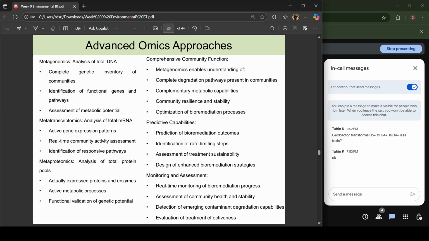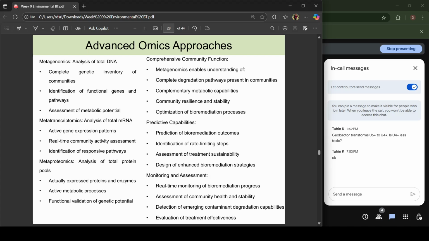So to study the functions, we go for the metatranscriptomic analysis. Only when a gene is going to be expressed into a protein is this mRNA produced. So it tells us about active gene expression patterns, and not necessarily all genes in the DNA need to be functional. So using metatranscriptomics, we can find which are the active genes that will be expressed, and we will be able to know the real-time community activity.